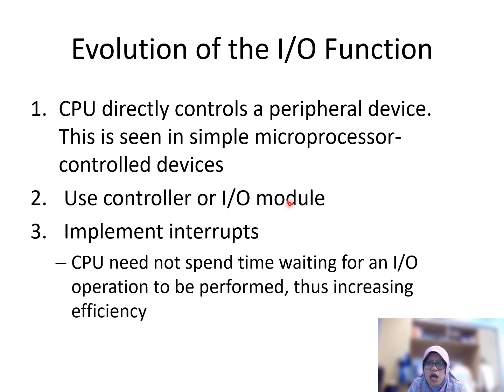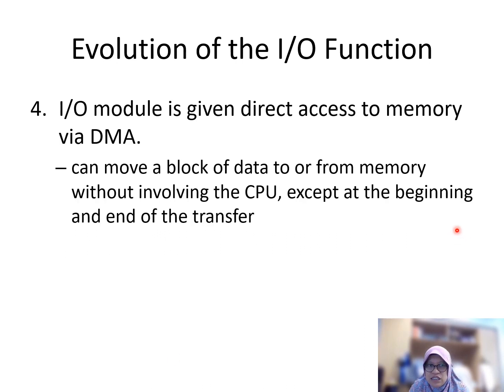With this step, the CPU becomes somewhat separated from the specific details of the external device interfaces. Third, the same configuration as step 2 is used, but now they implement the interrupt. So here, the CPU does not need to spend time waiting for an I/O operation to be performed, thus increasing the efficiency.